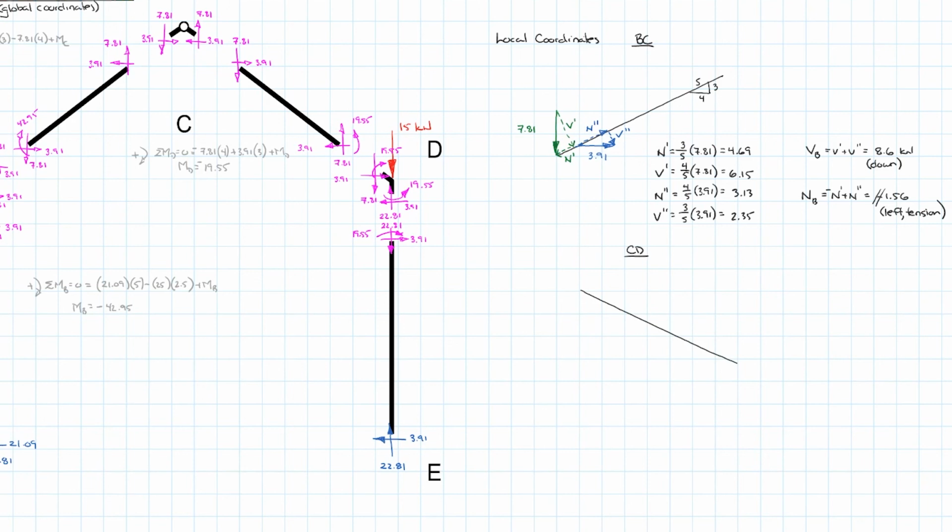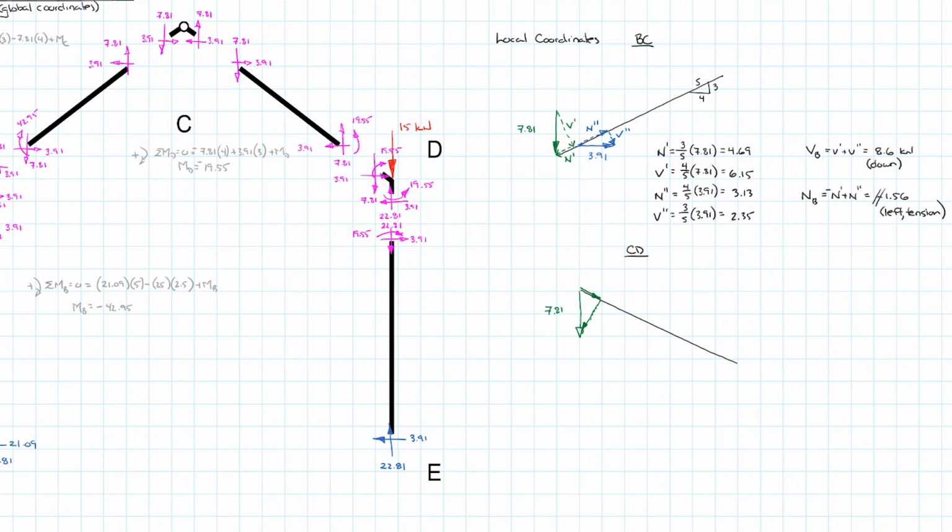So we've drawn out member CD, and I'm going to add our forces to it. Again, just so you can discern them, I'm going to use two different colors. So we have 7.81 acting down. I'm looking at the left-hand side, so that's 7.81. When I resolve that into its perpendicular components, to add up to that they need arrows in those directions.